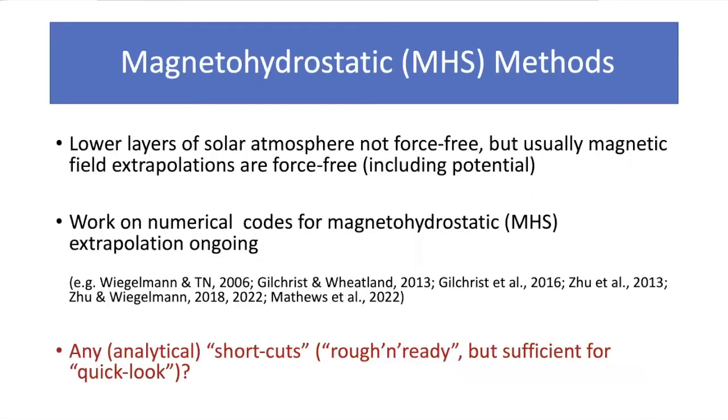Okay, so what I would like to concentrate on is magnetohydrostatic methods for extrapolation, or MHS. And the background there is that, while the corona is largely force-free, at least in the lower parts, we measure and extrapolate from data which are taken in layers of the solar atmosphere which are not necessarily force-free.